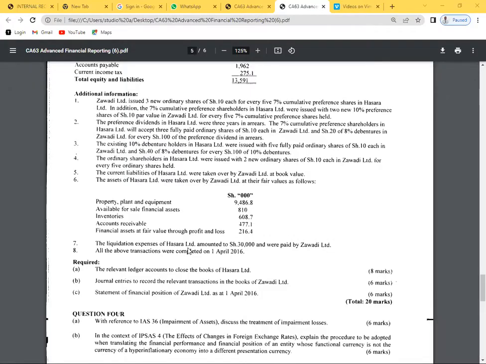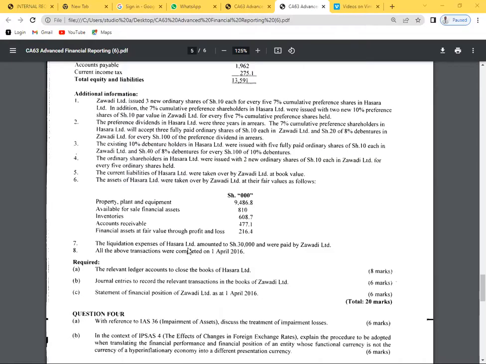If liquidation costs are paid for by Hasara Limited that is being wound up, then that entry will not find its way to the purchase consideration. But if these liquidation expenses are paid by the predator company that is acquiring, having assisted the company that is going down to meet its own expenditure, then this 30 must go to the purchase consideration.